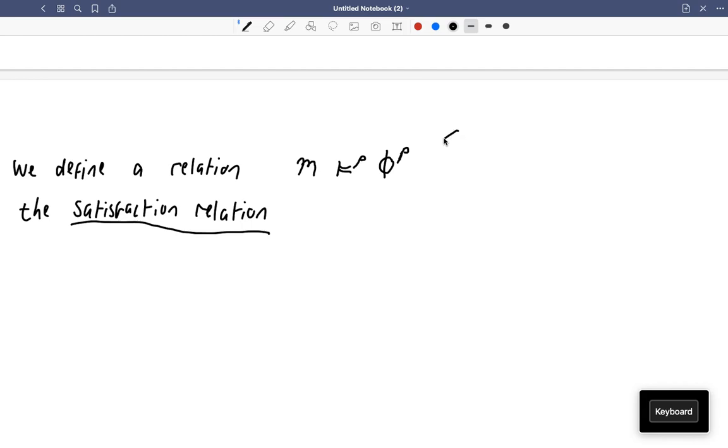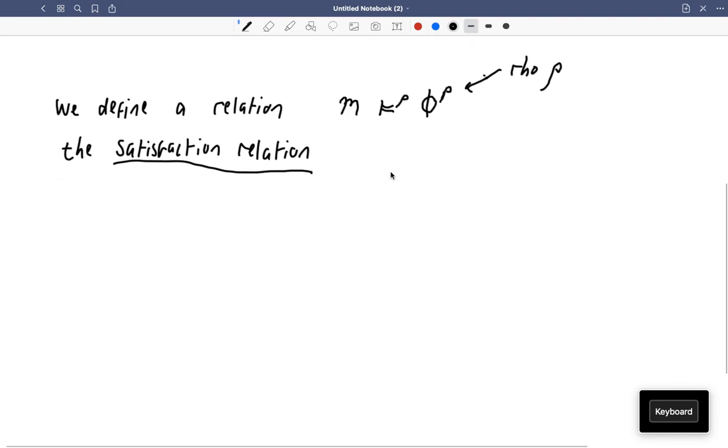So this is sort of like that or something. Okay, so we're going to define this, and we're going to see why we need this environment when we define it.